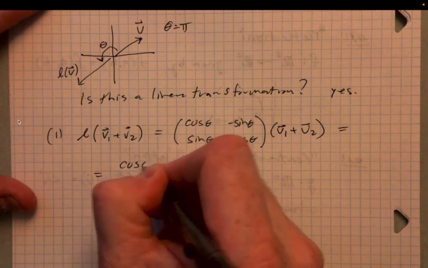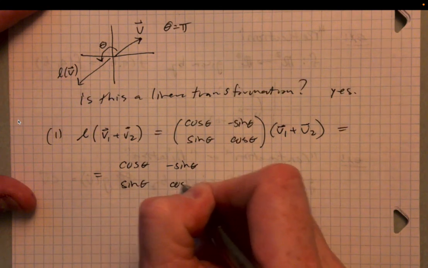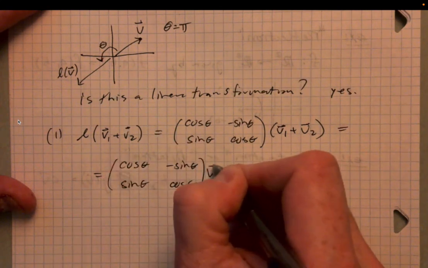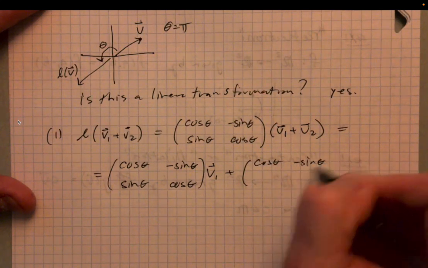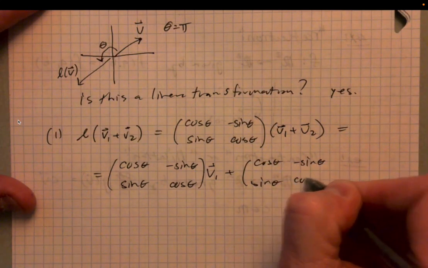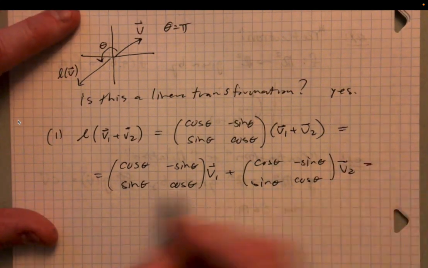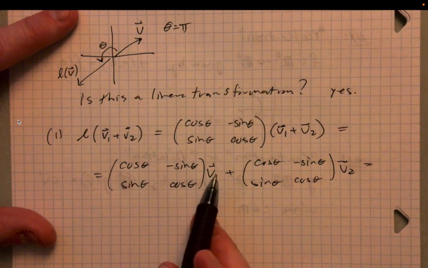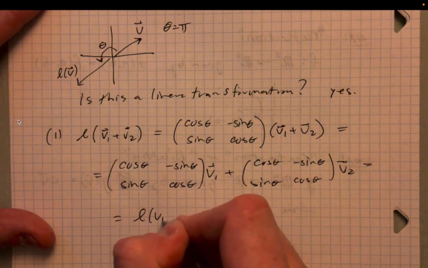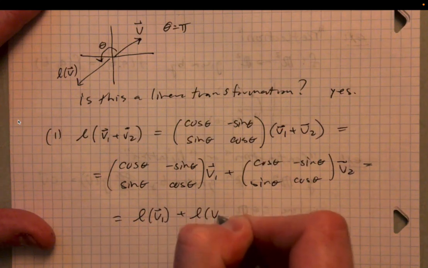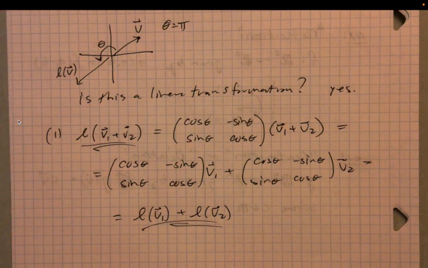So this is the matrix [cos theta, negative sine theta; sine theta, cos theta] times v1 plus the same matrix times v2. Clearly this is applying L to v1, and this is applying L to v2. So I get L of v1 plus L of v2, right? So that's the first property.